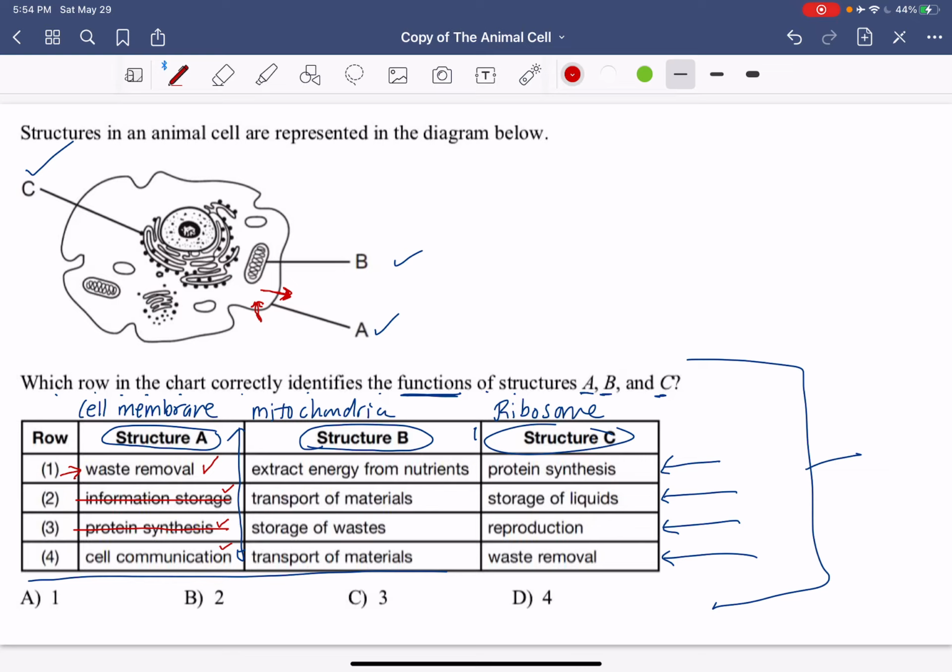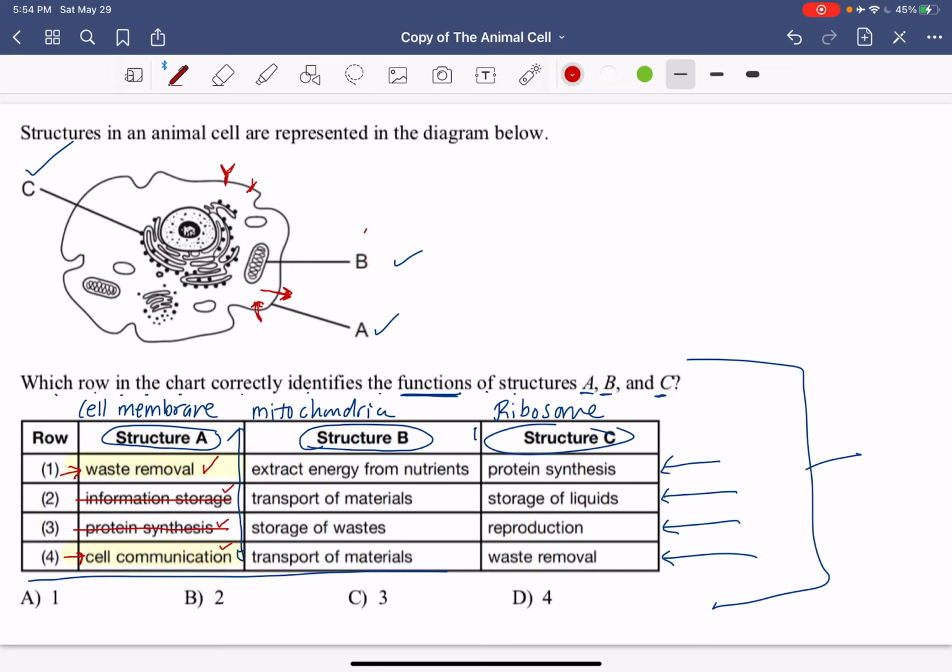It also does communicate with cells because it has in the cell membrane what's called receptor molecules, and it has other cool things on it that it can communicate with other cells. So these two are correct. So we're gonna leave these two, and I'm gonna highlight the ones that are correct. Okay, next.